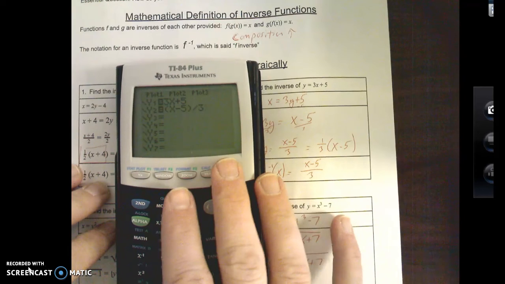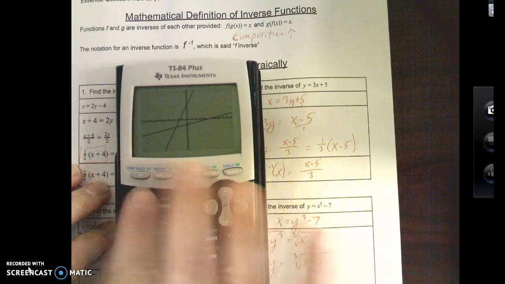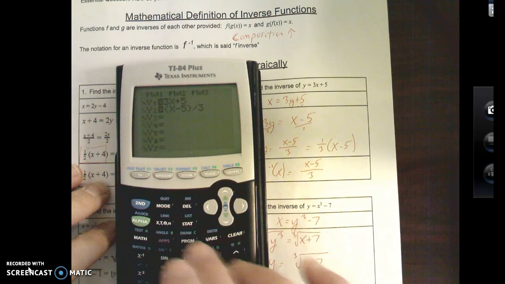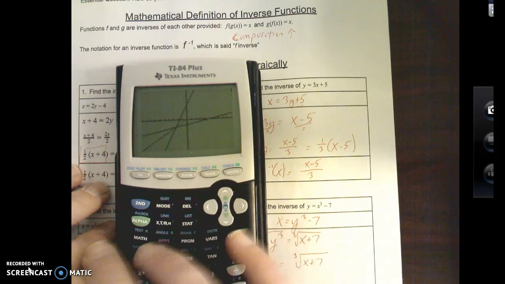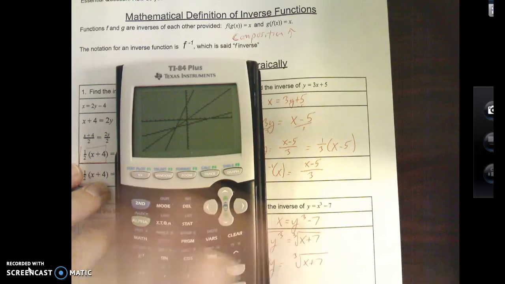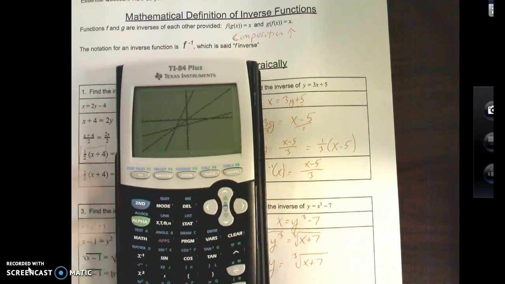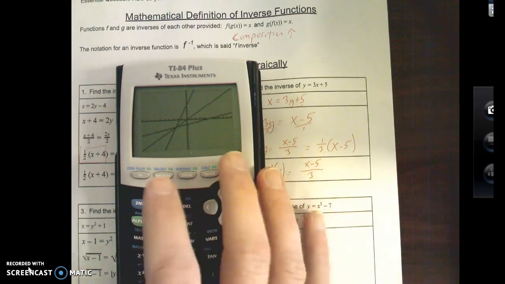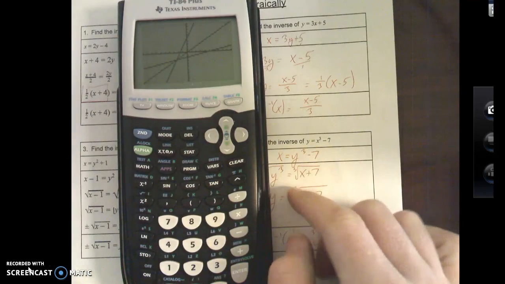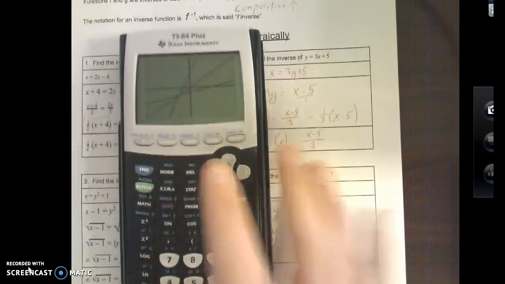And if I hit graph, interestingly enough, inverse functions of one another will be symmetric about the line y equals x. So if I graph the line y equals x, you're going to see that they always meet at the same points, and they are basically symmetric. They float right over top of it. And that goes for every graph down. The only time you're going to see something a little bit goofy is here, because of particularly domains and so on. But all good.